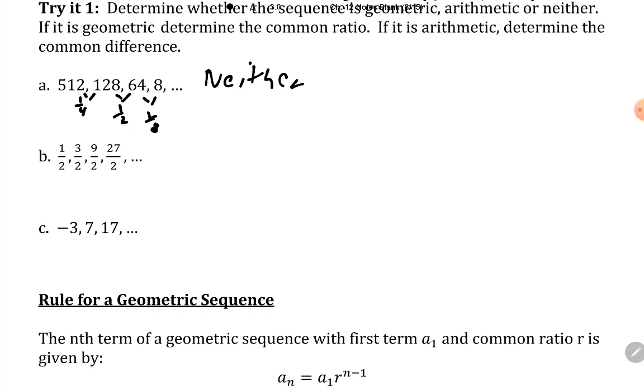Okay, let's take a look at this one. So here, let's ignore the denominator because they're all the same. If we look at the numerator, we multiply that by 3, and then we multiply it by 3 again, and 3, just multiplying by 3. So this is geometric.